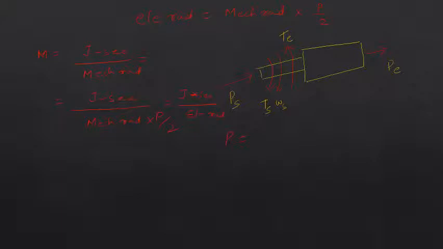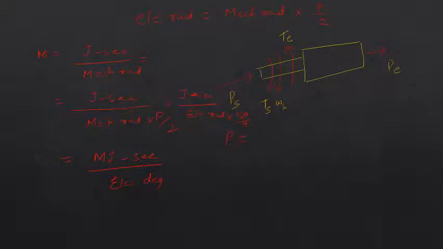Okay, so finally, this is a very heavy machine, so joule can be converted into a higher unit, that is megajoule. So I'll be using that energy, so I can write it as megajoule second per electrical radian, and you can convert that radian into degree also, right, by multiplying with 180 by pi.